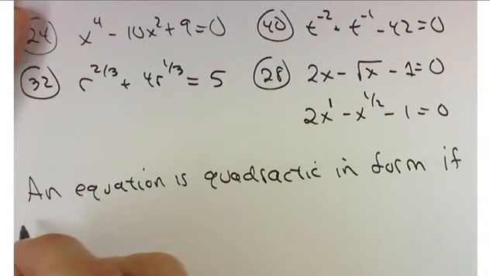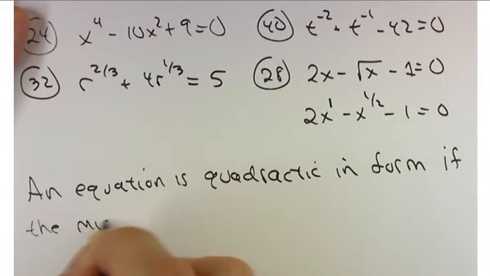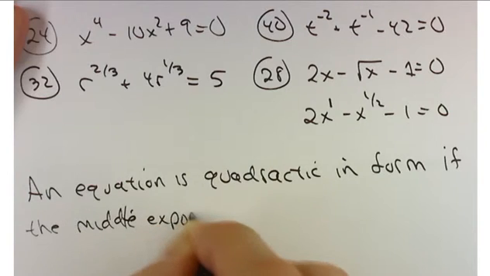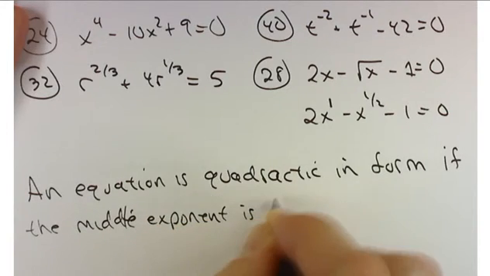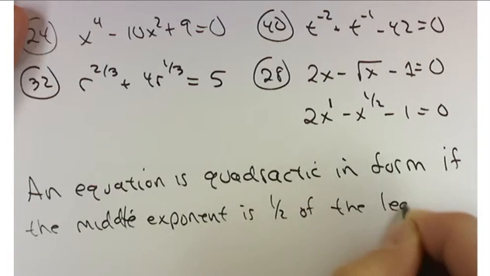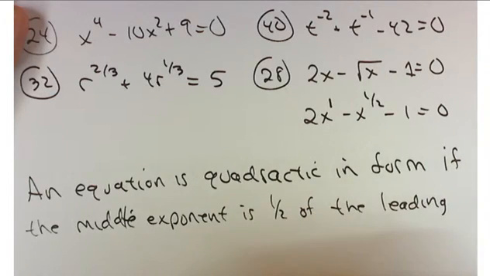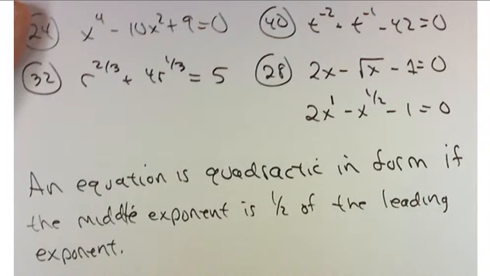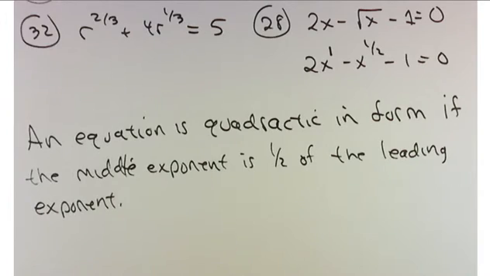If the middle exponent is half of the leading exponent. Okay, so great. So now we've got this wonderful definition. We can tell whether or not something is quadratic in form.